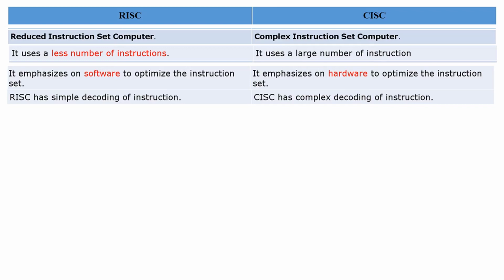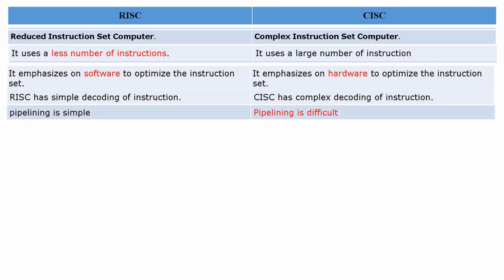In the coming slides, we will see the pipelining concept, which reduces the number of cycles for the completion of the program. Because of the pipelining concept, RISC has simple decoding of instructions, and CISC won't apply pipelining because it's dependent on hardware, so it's very difficult.